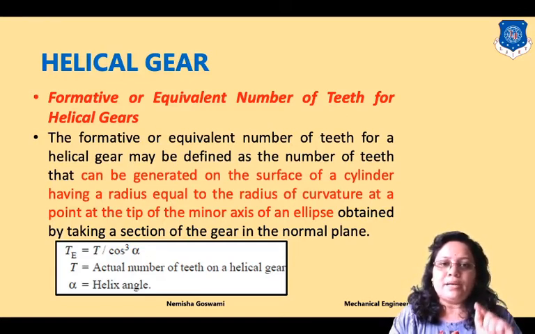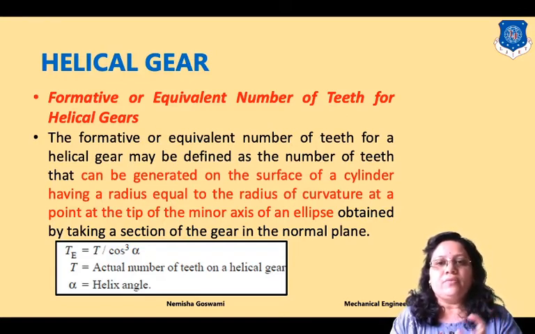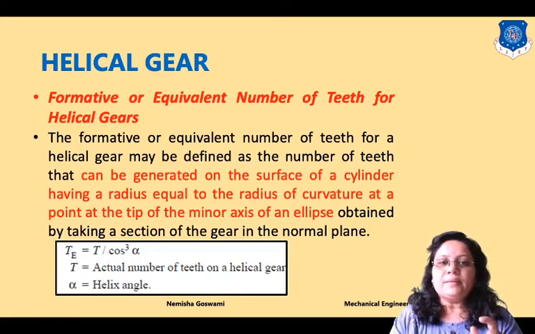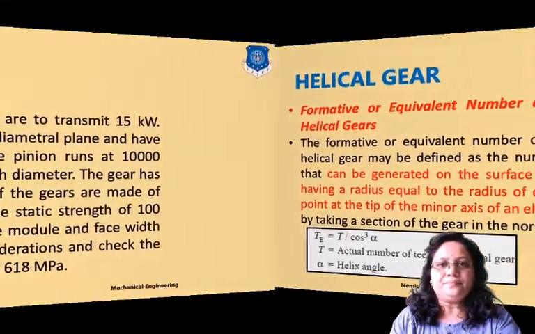This is the particular definition. Mathematically, T' is equal to T divided by cos cubed alpha. Here T' is the equivalent number of teeth, T is the actual number of teeth on the helical gear, and alpha is the helix angle.